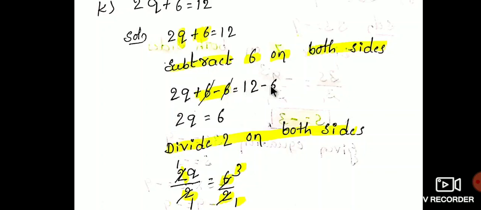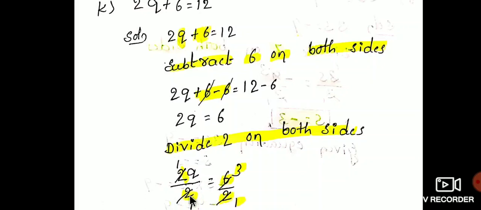Here also minus 6 because we are subtracting that number. Plus 6 minus 6 get cancelled. 2q is equal to 12 minus 6, 6. Next, divide by 2 on both sides. So dividing 2q by 2 is equal to 6 by 2.